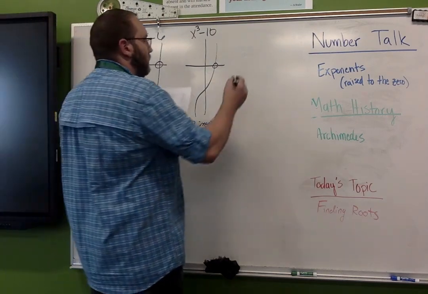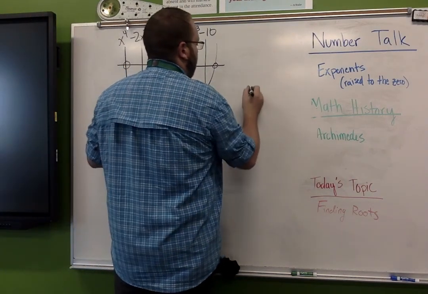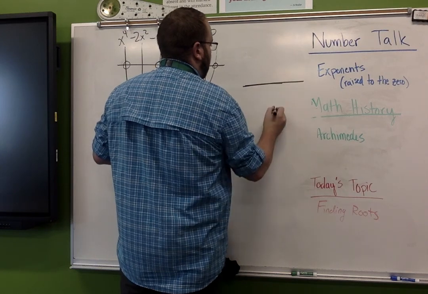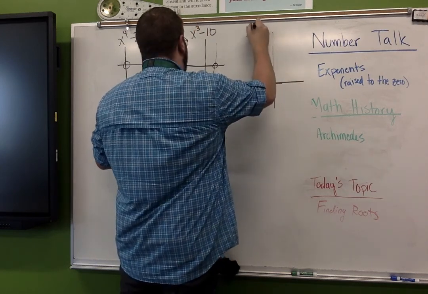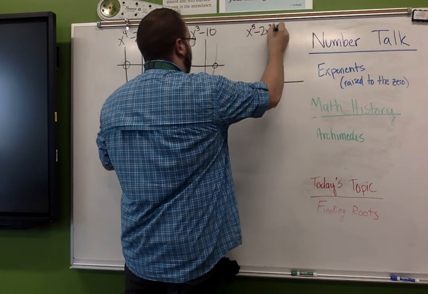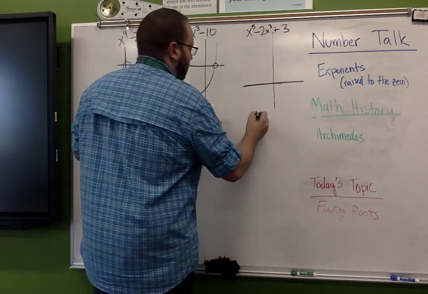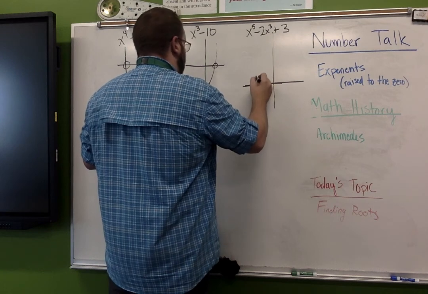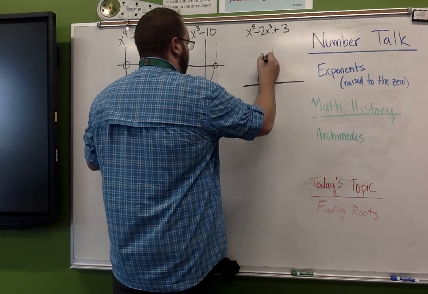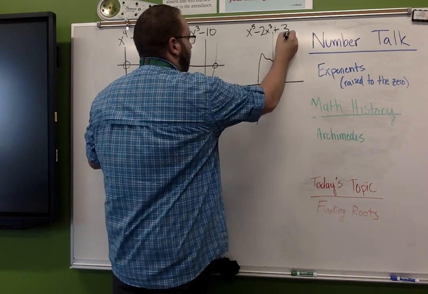Last one here. We have x to the 5th minus 2x to the 3rd plus 3. So it kind of goes like this, comes up, makes a little weird bend, and then comes back up.